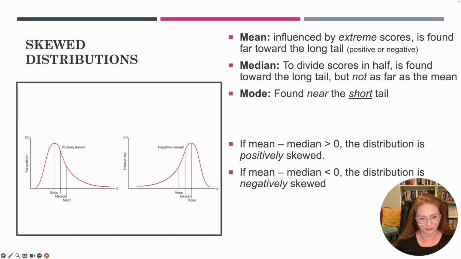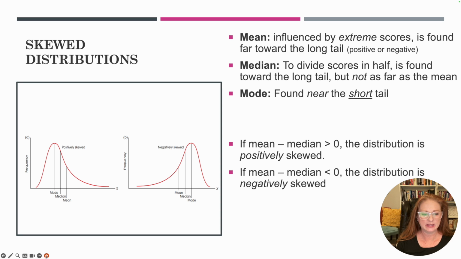I know it looks like I'm reading it backwards, but I'm not, because how I'm reading is, where does the data pile up? The data is piling up where I'm starting to read the graph. Under A, you see how the data is piling up where the frequency is the highest on the far left-hand side, and the tail is trailing off towards the positive end of the number line.